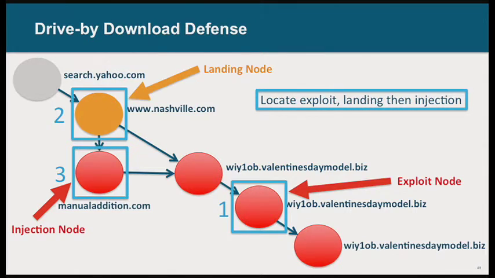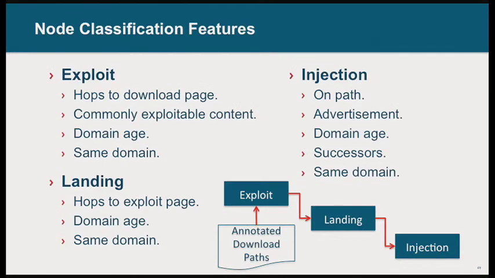To do that, we built 3 classifiers, because it's easier to find the exploit node first, and then once you know the location of the exploit node, identify the landing page. And once the landing page is identified, we know that the injection domain must be a child of that landing page. So we can use that information to automatically classify the exploit, the landing, and then the injection page.